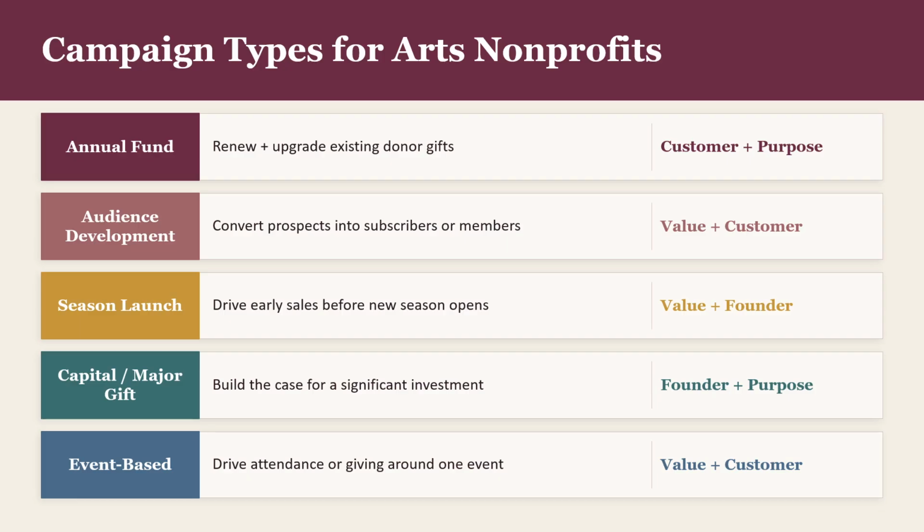Again, a customer story. Season launch is interesting because the founder story often does some unexpected work there, reminding longtime subscribers why they first fell in love with the organization and giving new audiences a sense of the institutional depth.